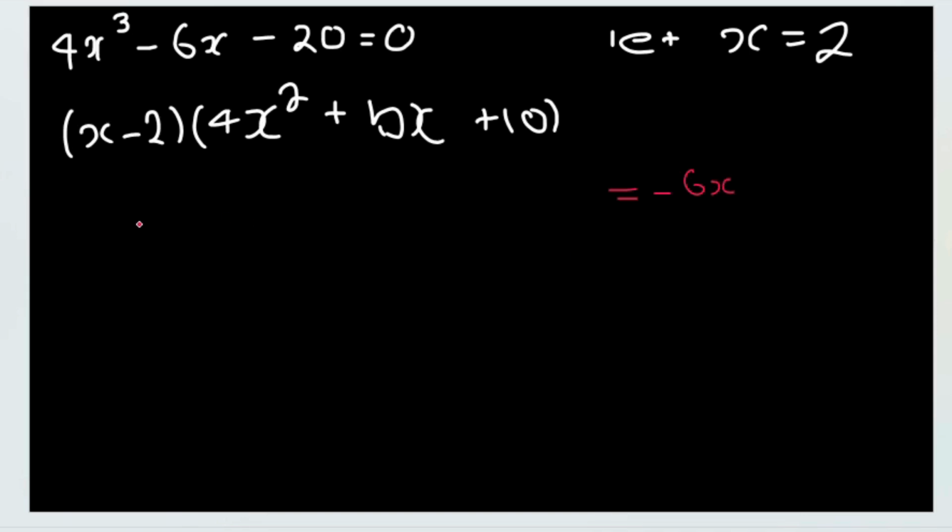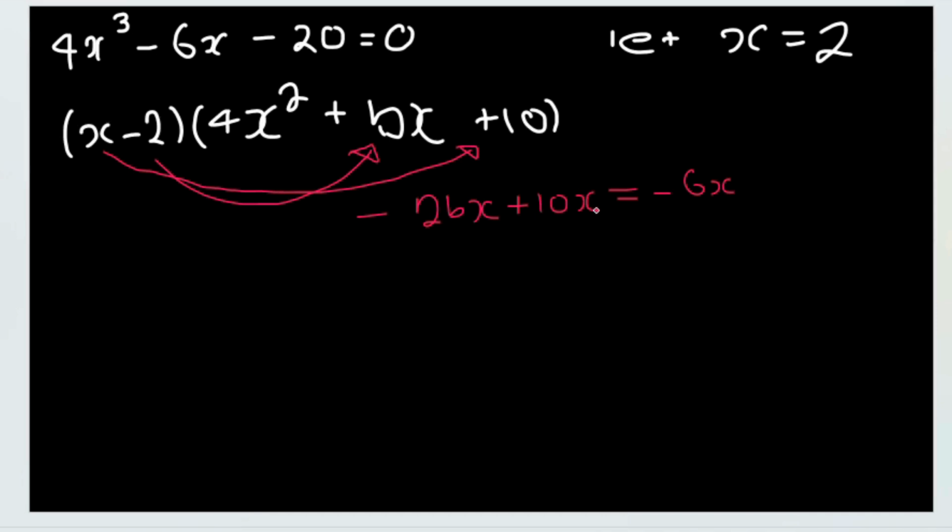Firstly, it is being created by multiplying minus 2 with this value that I do not know, and I got minus 2bx. And it is created by x multiplying with a constant term, and therefore, it is created by plus 10x. This is how it is being created.